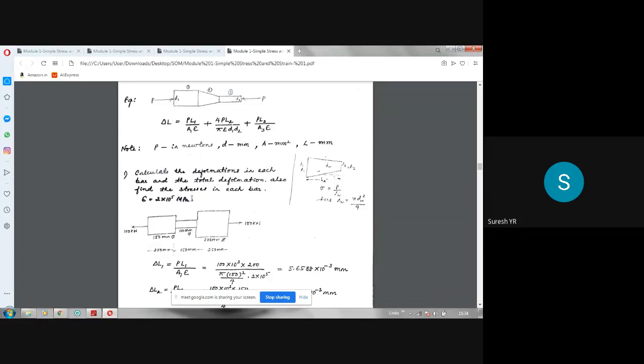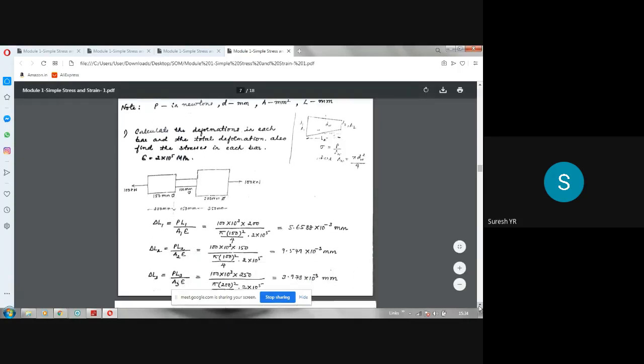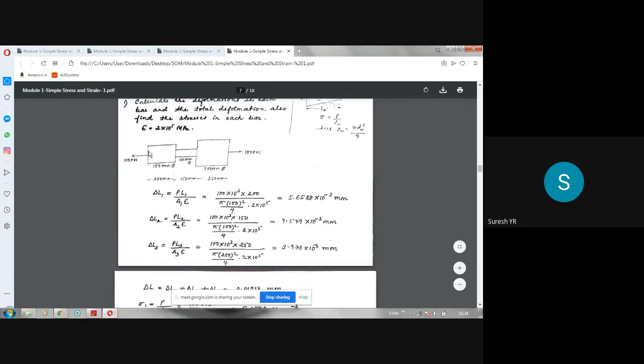So what we have to do, each bar we have to take separately and find the deformations. So delta L1, first bar, PL1 by A1 E, because P and E are constants here. Same force is acting on all the three bars, so P value is same. Young's modulus is same, same material is used. So only L1 and A1, L2, A2, L3, A3 we have to find out.